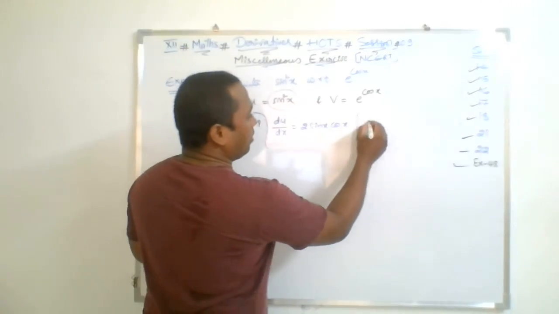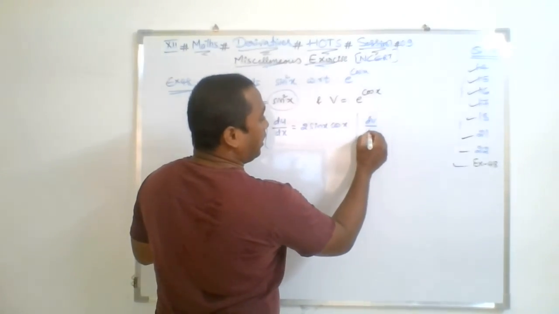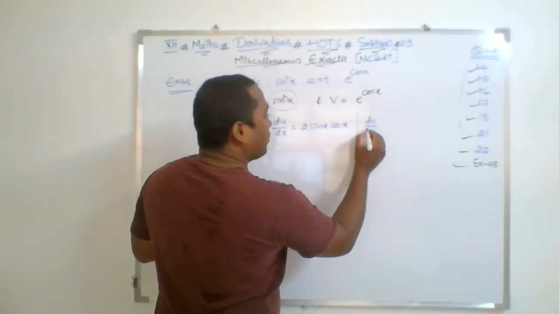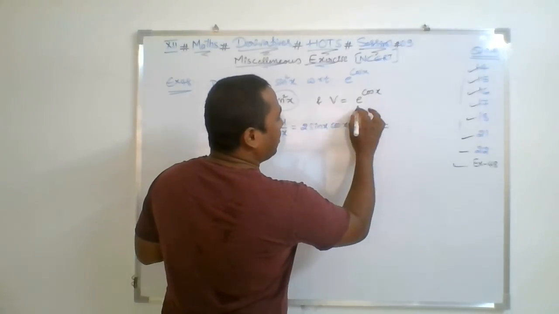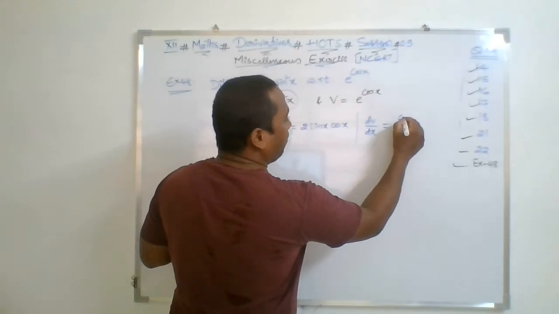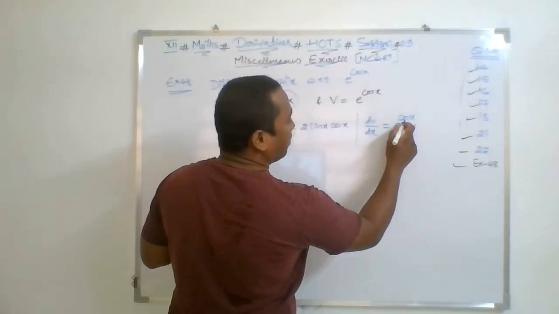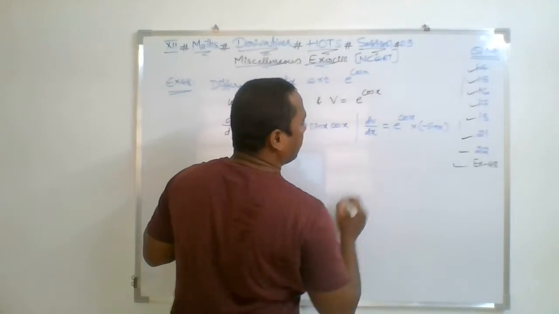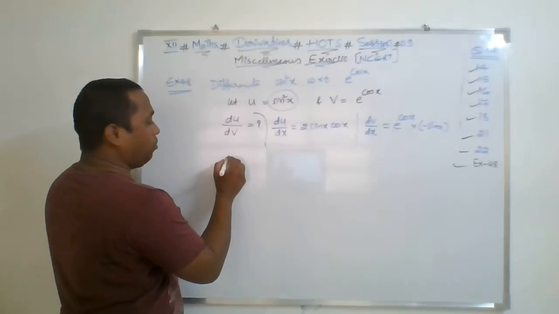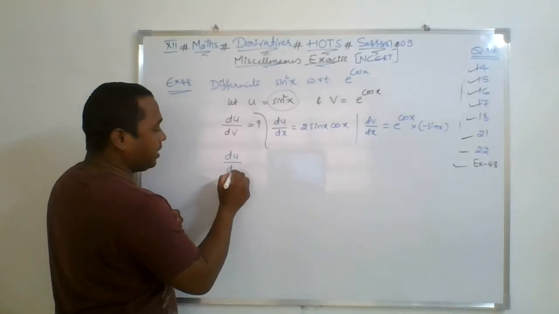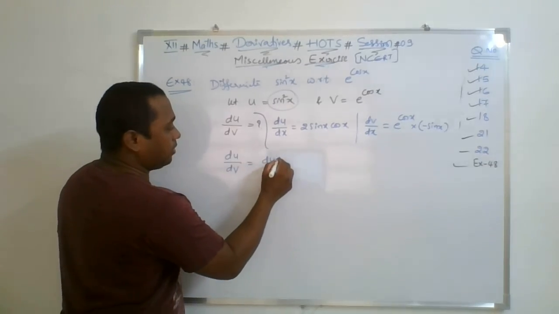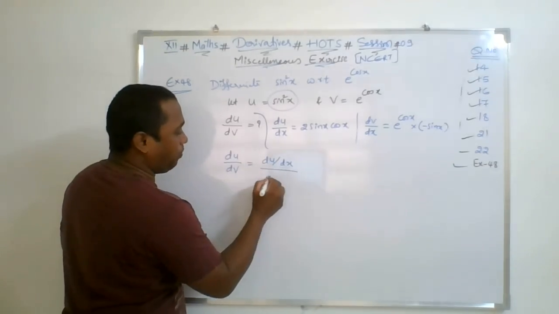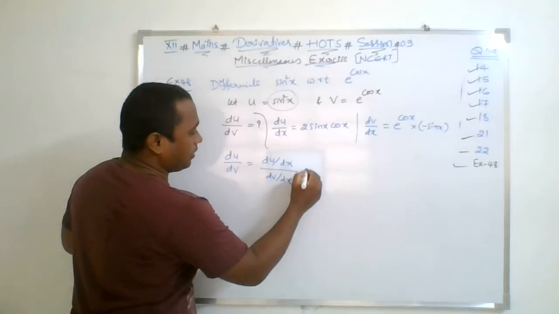And now you can take dv by dx. It is in the form of e power cos x. So the derivative of e power cos x is e power cos x, and hence the derivative of cos x is minus sine x. Now, how to get du by dv? Simply it is du by dx upon dv by dx.